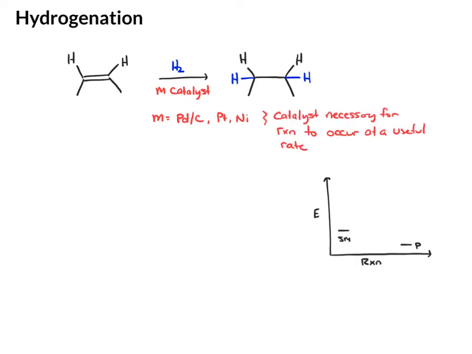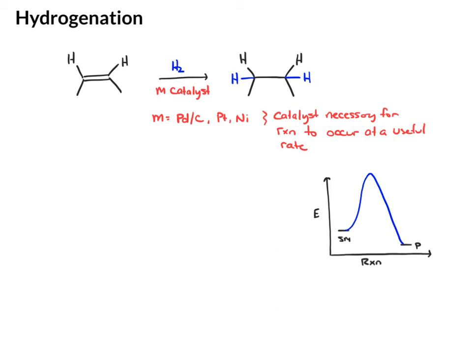So in terms of how we can see this on a reaction diagram, and I'm not including all of the intermediates involved when the catalyst is used, we have the starting material and the product, and the product will be a bit lower in energy than the starting material. But for the uncatalyzed reaction, you're looking at a really high energy barrier.